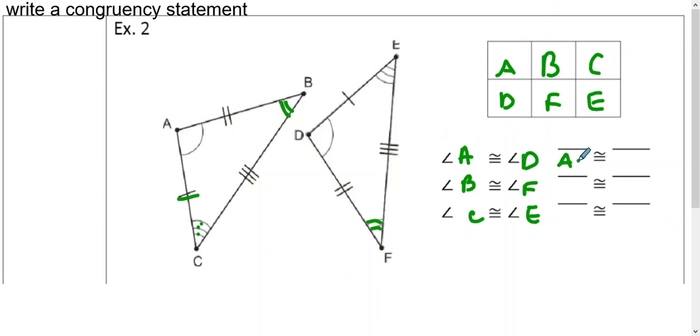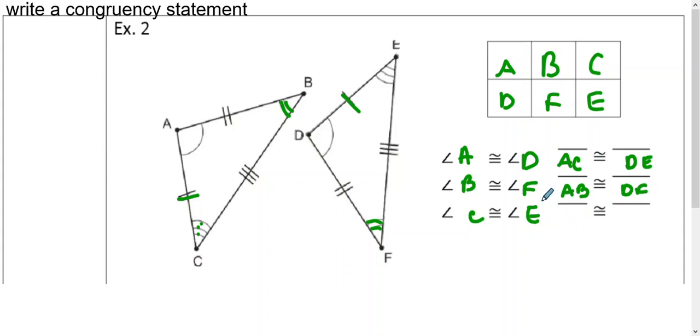One side is AC, the other tick mark is DE. Let's see if that makes sense here. First and last, and first and last. Sure does. Two tick marks is AB, and the other triangle, it is DF. So we had AB and DF. They're in the same position.